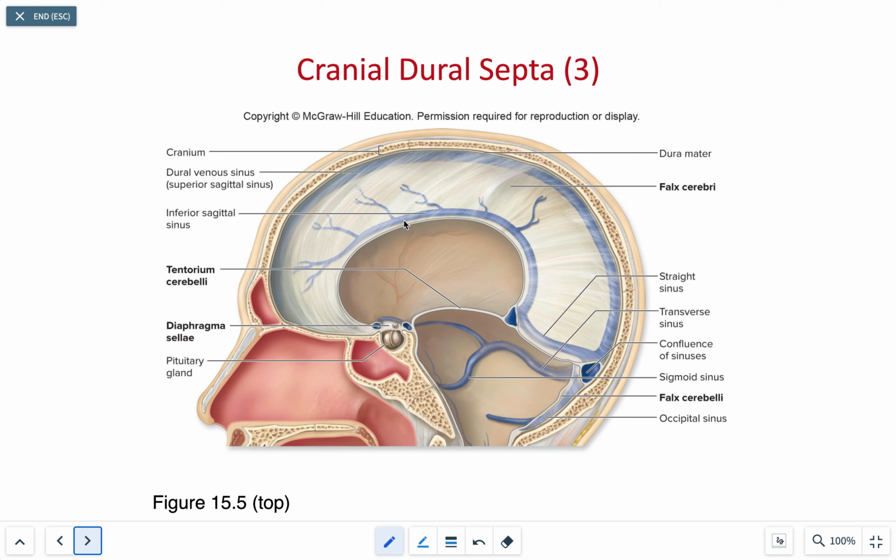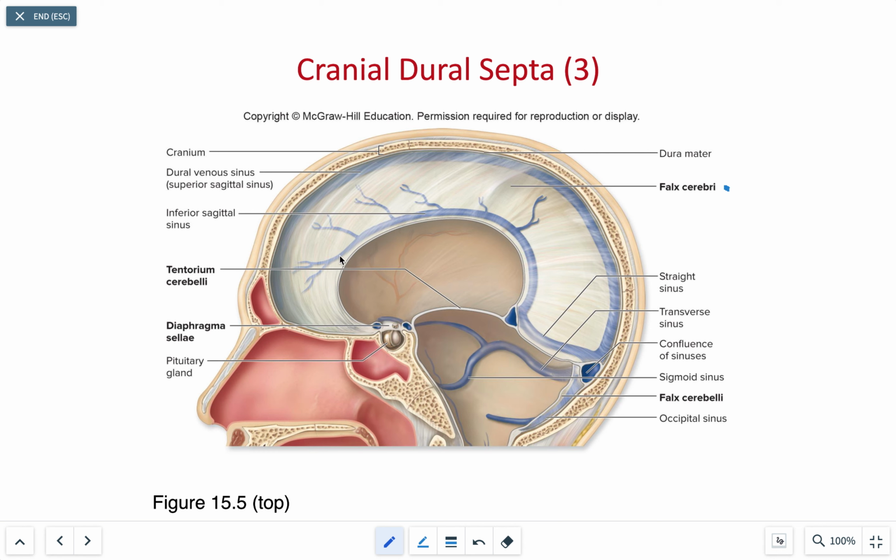When we're looking at the cranial dural septa, these septa are basically helping to compartmentalize or form some structure between all the working aspects. So the first one we see is the falx cerebri. You can see it's shaded in white. It's a connective tissue, and it's the largest one that we have.